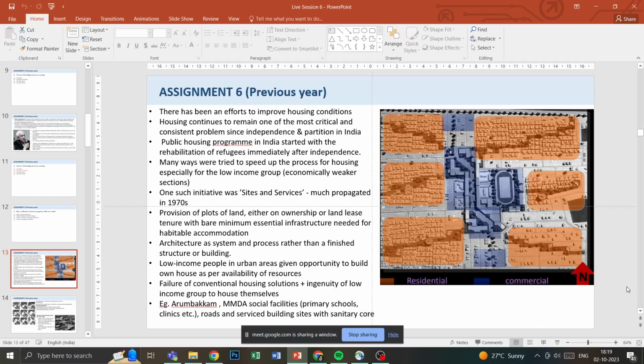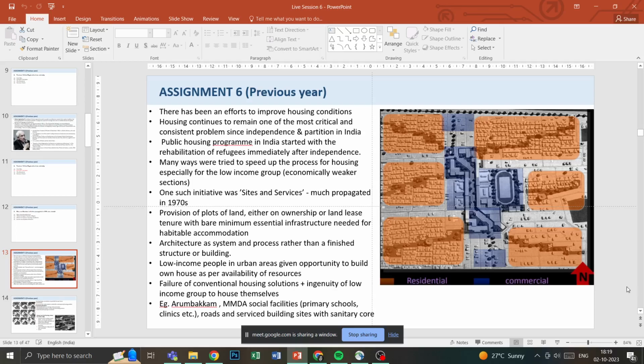There have been numerous efforts to improve the housing conditions in India. Housing continues to remain one of the most critical and consistent problems in India since the independence and partition. After partition, India had to house so many refugees.